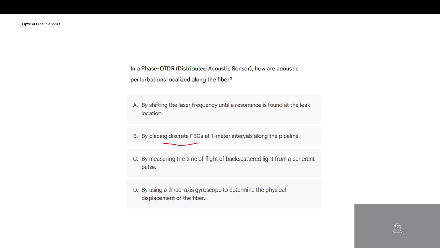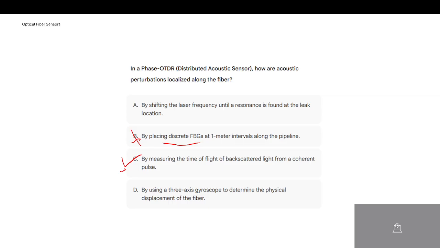Why is it? Because FBG provides point sensing, and phase OTDR is a distributed technique using the fiber's intrinsic Rayleigh scattering. So this is not the correct answer here. The correct answer is option C, by measuring the time of flight of backscattered light from a coherent pulse.